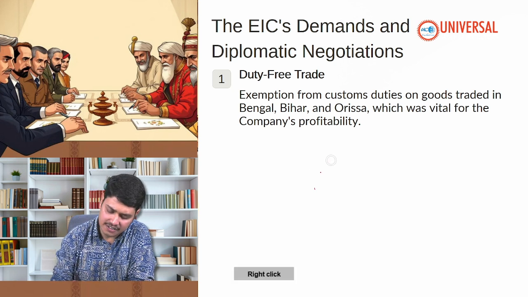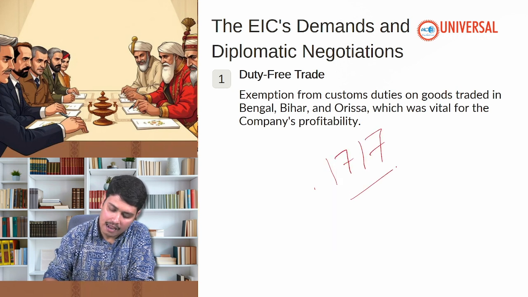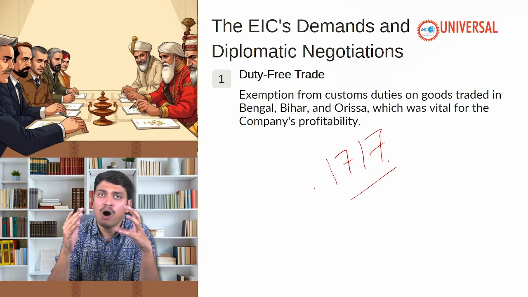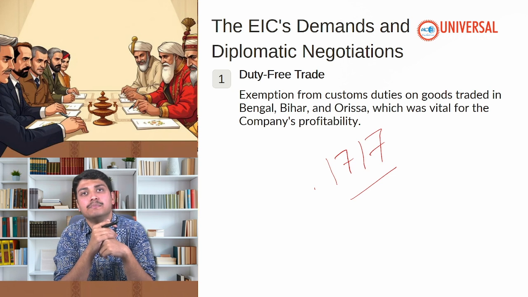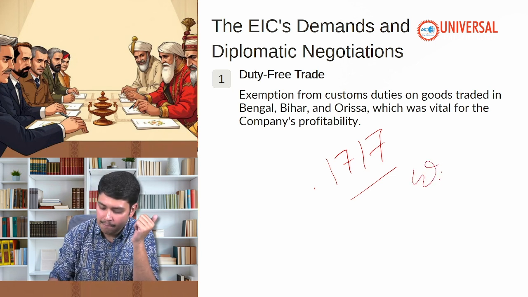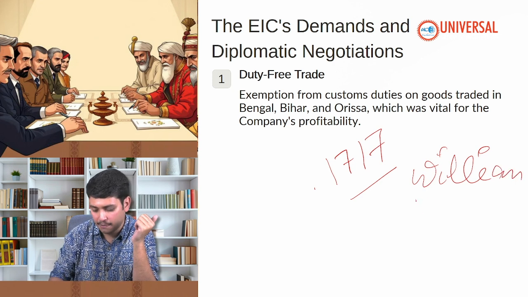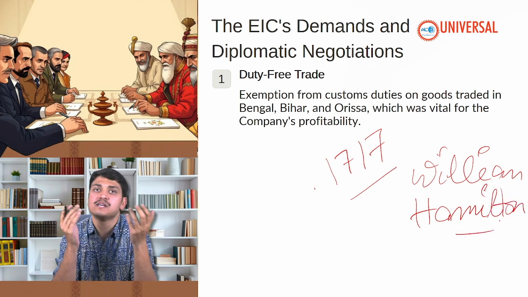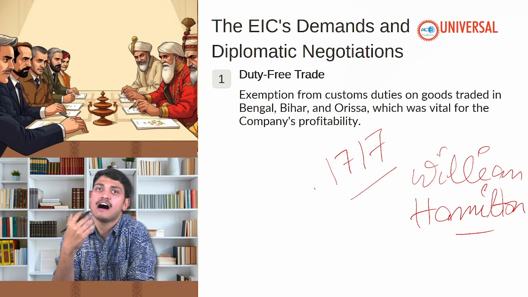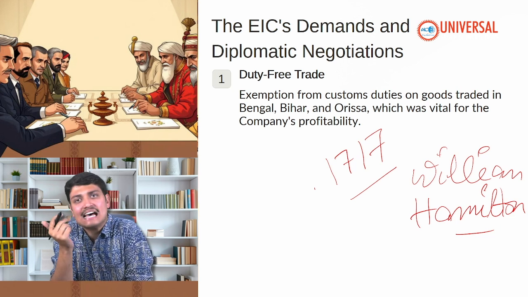So, when Farrukhsiyar was very unwell, one of the officials of the English East India Company, Sir William Hamilton, offered some medicinal help to the Nawab. After getting treated, Farrukhsiyar was extremely satisfied.